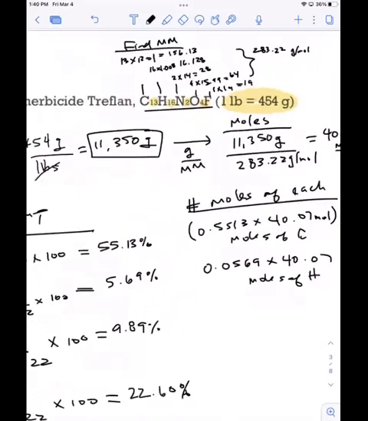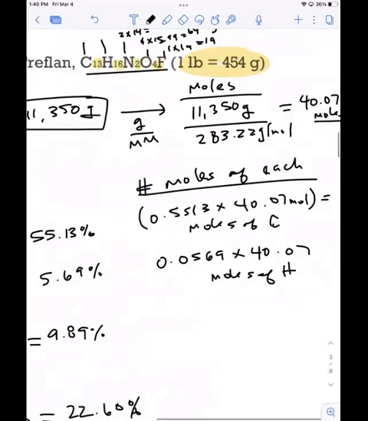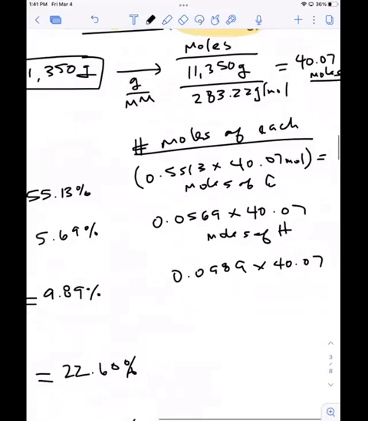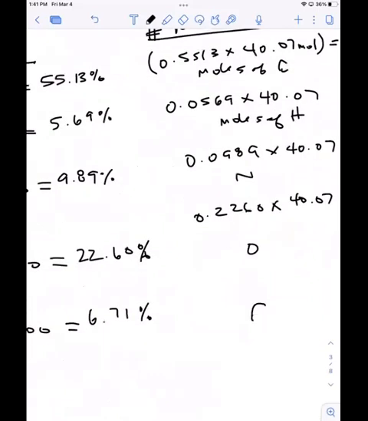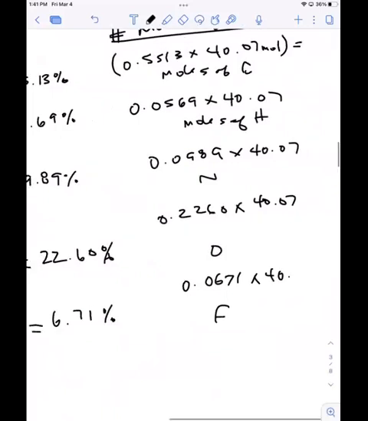And then we do the same thing for nitrogen, 0.0989 times 40.07. And then for oxygen, it'll be 0.226 times 40.07. And then for fluorine, same thing, 0.0671 times 40.07.